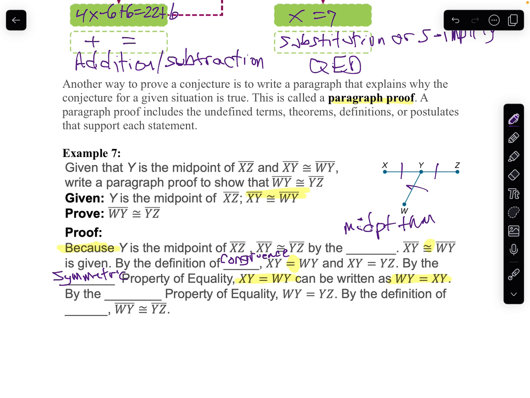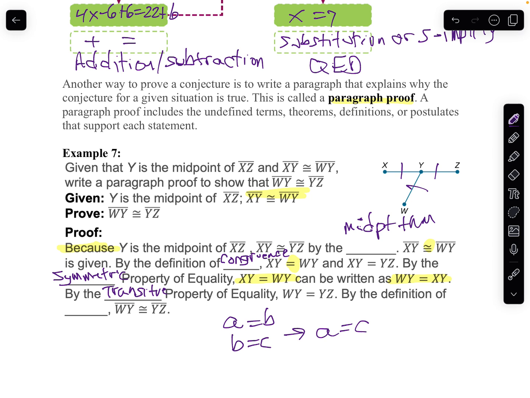And then what we're going to do is, I've got everything is equal. So I can either say substitution or transitive. We haven't talked about transitive yet, but that's pretty much the same thing when it comes to equations. Remember, transitive says, hey, if A equals B and B equals C, then I know A equals C. It's the everything-is-equal property.